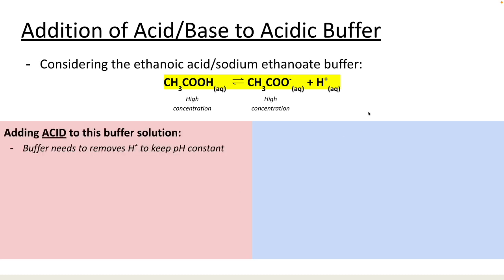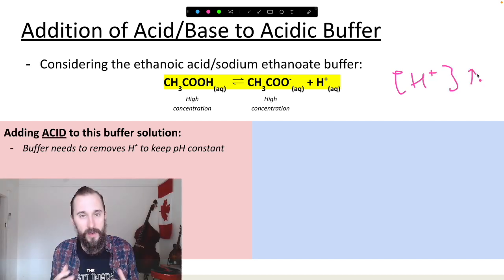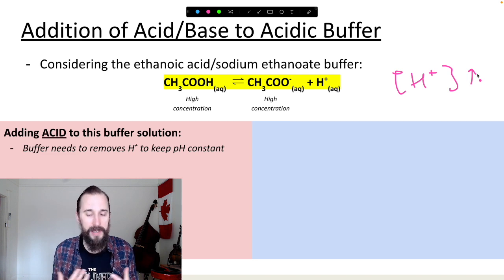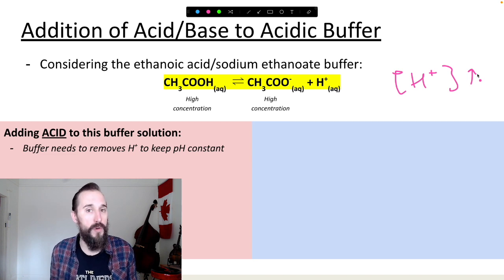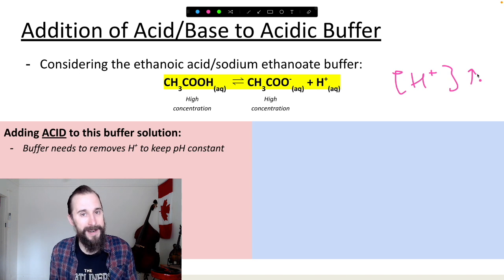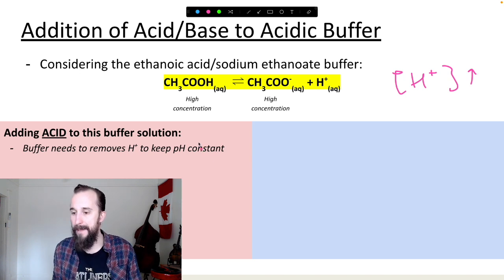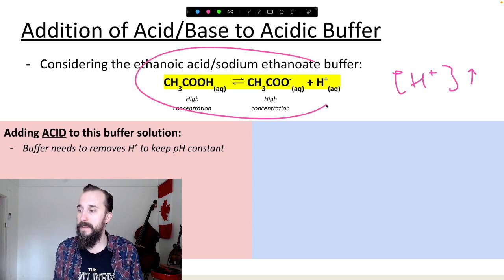Well, acid is increasing the amount of hydrogen ion concentration. So to keep the pH constant, we would need to remove the hydrogen ions that are added to return it to the pH that it was originally at. So that's what our buffer's doing here.